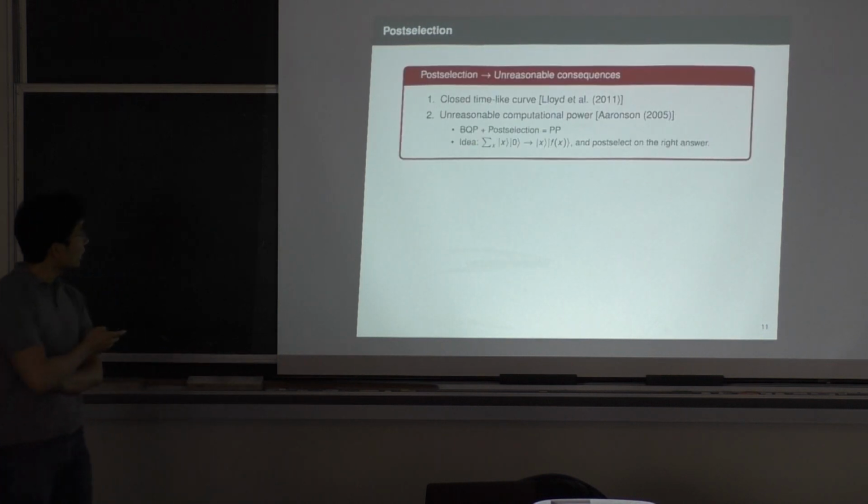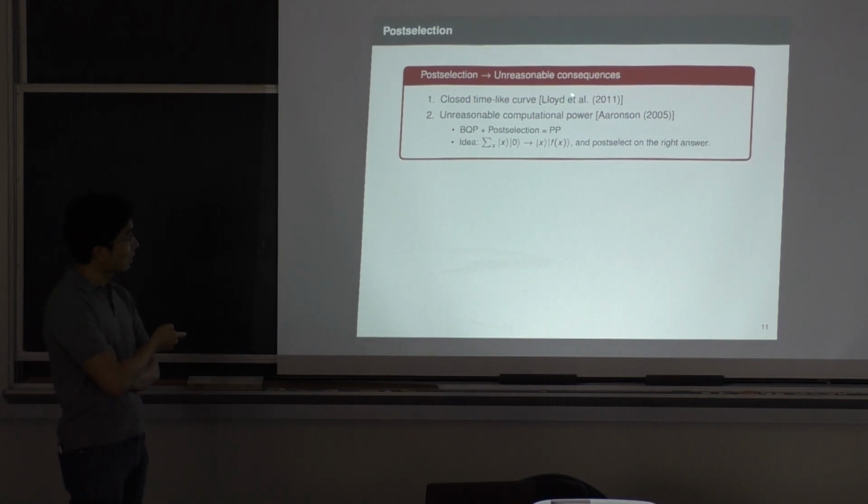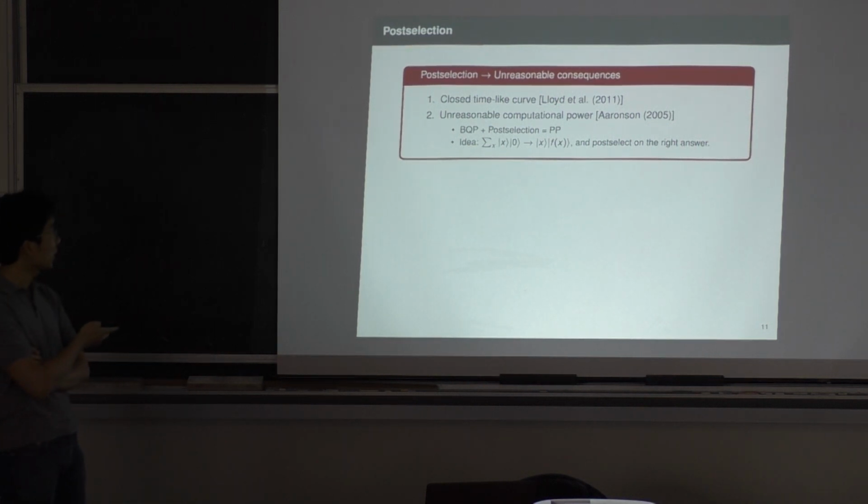Another issue is that when you have post-selection, from the perspective of computational complexity, some very weird things can happen. It's been pointed out before, for example by Boyd, that you can have a closed timelike curve if you have post-selection.